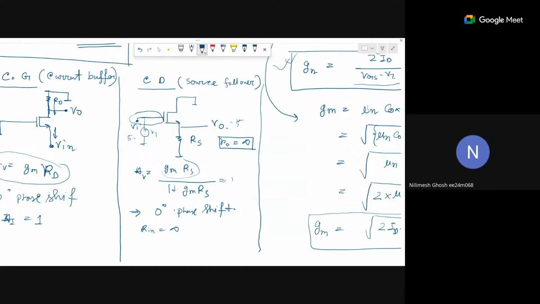Now your task is to calculate the R out for the circuit. In the next class we will discuss the R out. To calculate R out, at the output terminal you should apply some test voltage and measure the test current. The output terminal is here.